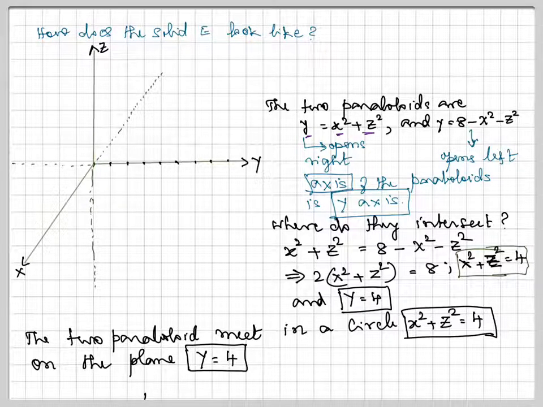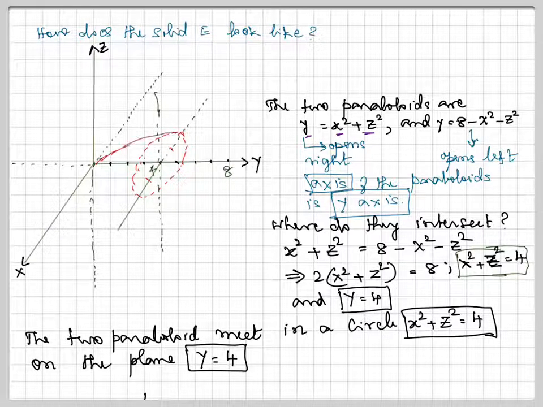Let's go ahead and graph this. 4 is where they meet, so I need that 4 on the y-axis. Then draw lines parallel to the y-axis, x-axis and z-axis at that point 4. Then we know that they meet on a circle x square plus z square equal to 4.